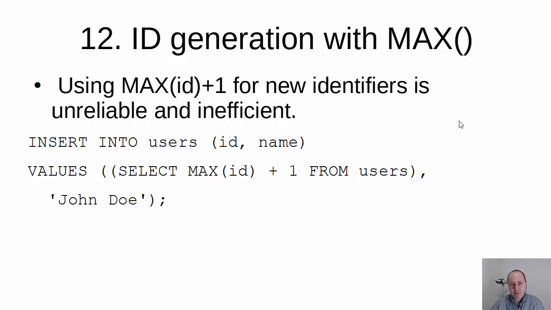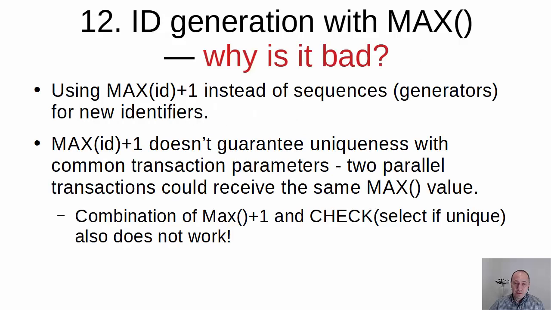So if you have some table and you need to generate sequential IDs, the first thought which comes to mind is, okay, let's use select max ID + 1 from users, right? Why is it bad?